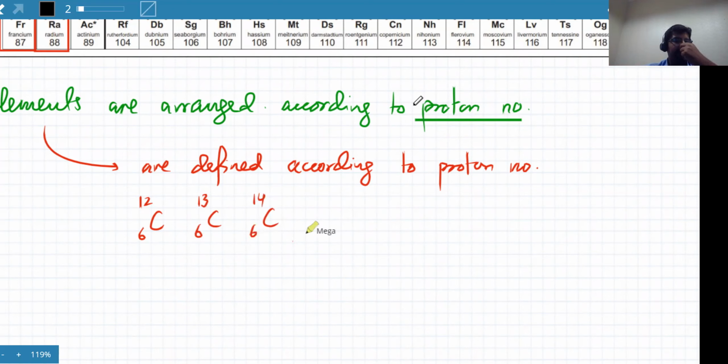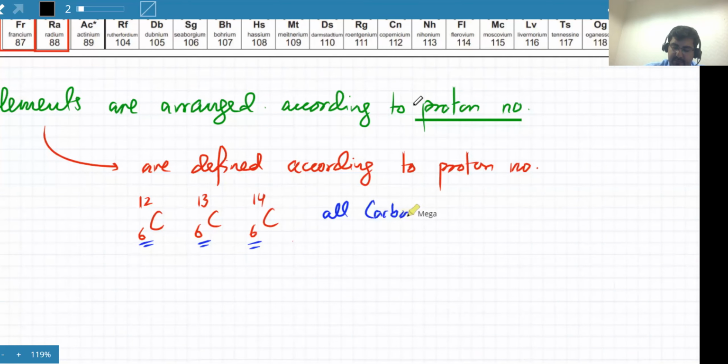As long as they are carbons, their proton numbers are fixed. All carbons in the universe have 6 protons. They can have different numbers of electrons and neutrons, but the number of protons is going to be exactly the same. So all carbon atoms will always have 6 protons.